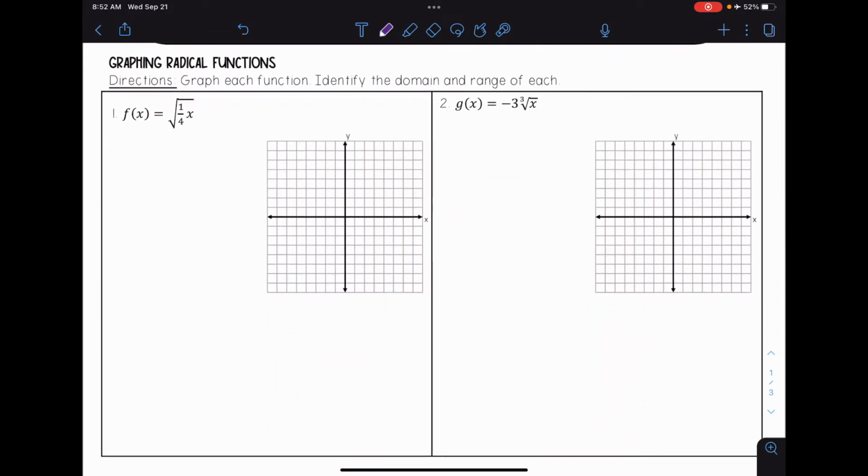So let's go through some practice of graphing these radical functions. For this first one, I have f of x equals the square root of 1/4 x. To do this, I'm going to make a table of values to sketch the graph.